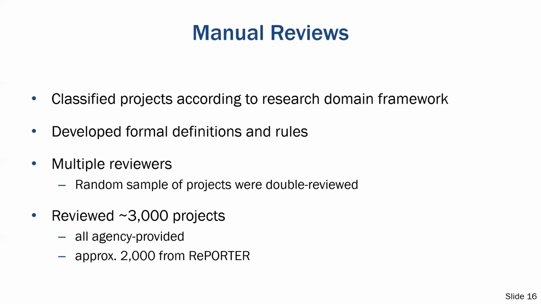We could measure how much we agreed. We could refine any of our definitions or rules, at least early on, while we were still in the formative process. And then we also discussed discrepancies and reached final agreement by consensus on any projects for which we had disagreements.